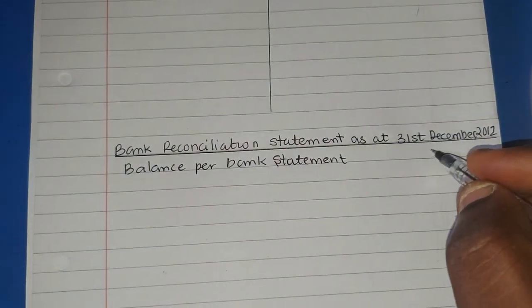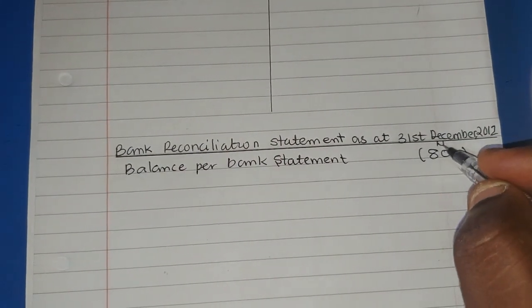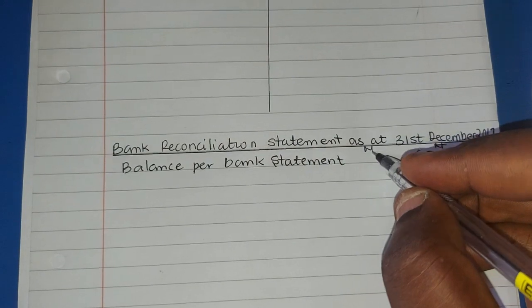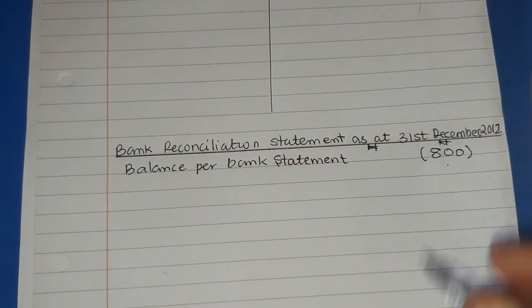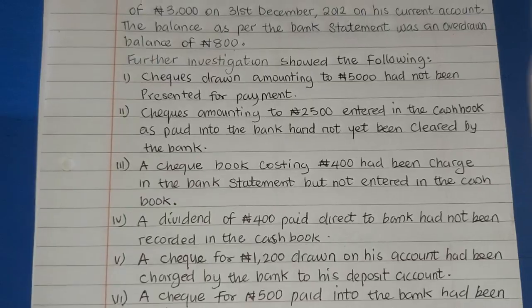Don't forget, it's an overdrawn balance, so we put it in brackets. So we are going to have two columns here, because we are told that it is an overdrawn balance.